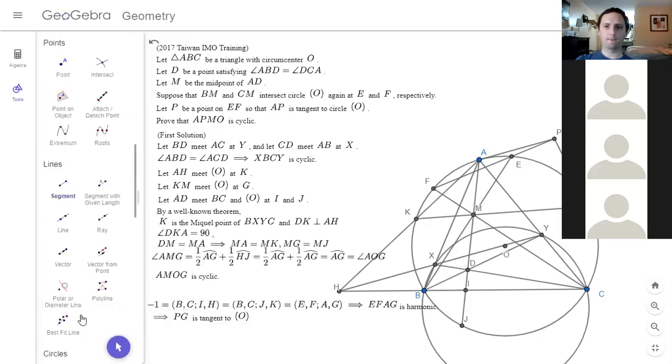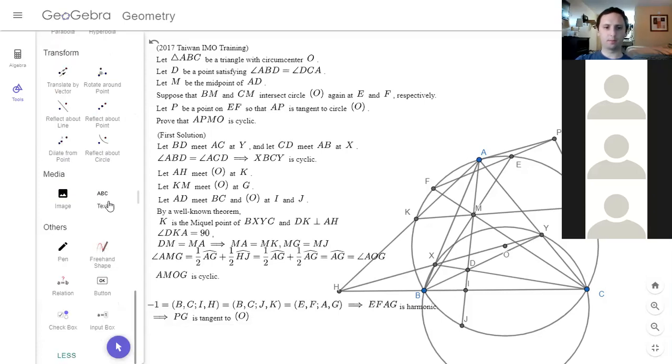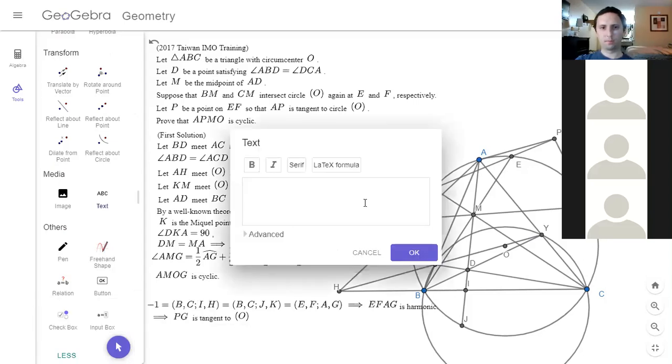So OGP is 90, which implies OMAPG is cyclic. Or I'll say APGOM is cyclic. All right, so that is the first solution.